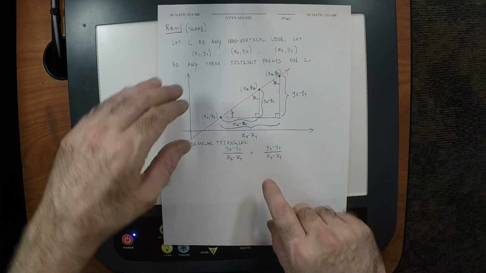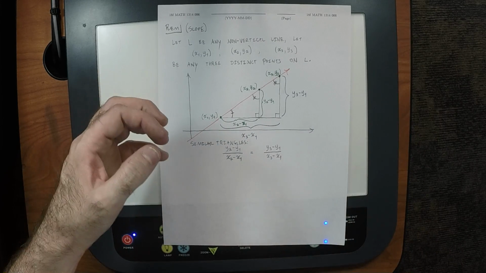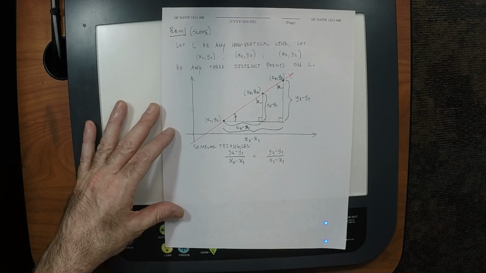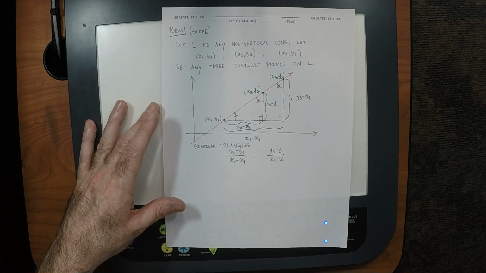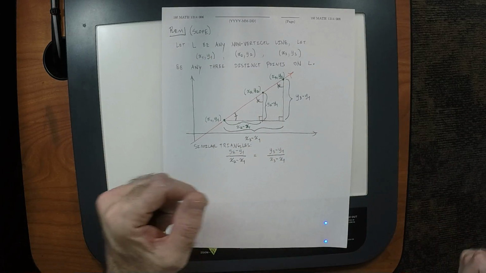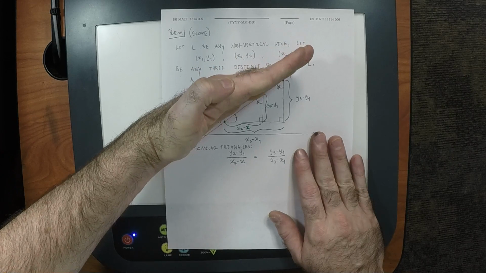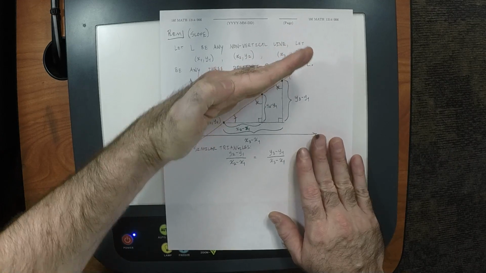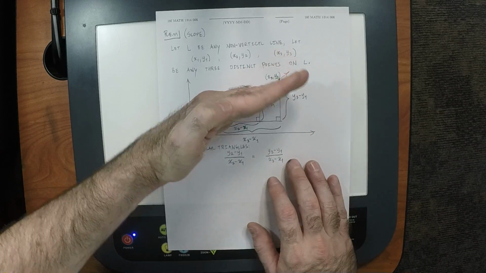Similarly, I said that L needs to be a non-vertical line. Okay, why non-vertical? Well, consider, you can imagine, if I were to take this red line and wiggle it around like that, you'd see those right triangles moving to compensate.